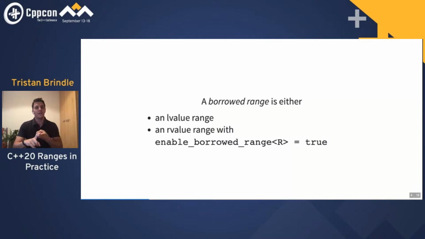So either an L-value range, or an R-value range with this specialized trait, something like a string_view or a span. If we pass a borrowed range in, we get an iterator out. If we pass a non-borrowed range in, that's an R-value which doesn't have the trait specialized, we're going to get a dangling object out of our algorithms. So this is a way, as I say, in which ranges helps protect you from making mistakes.